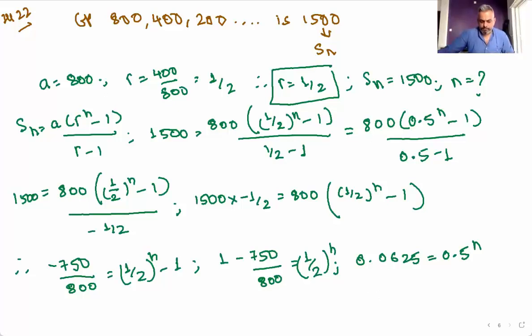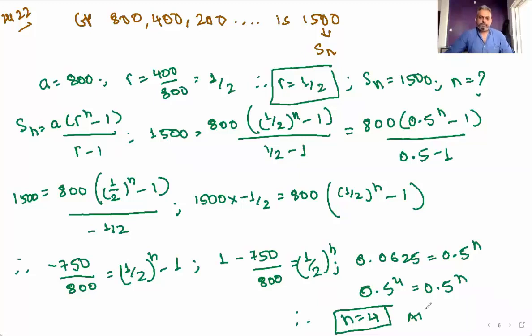So 0.5 raised to 4 is equal to 0.5 raised to n. Therefore, n is equal to 4. Answer. Writing it as 0.5 makes it easier, so better you use 0.5 only.